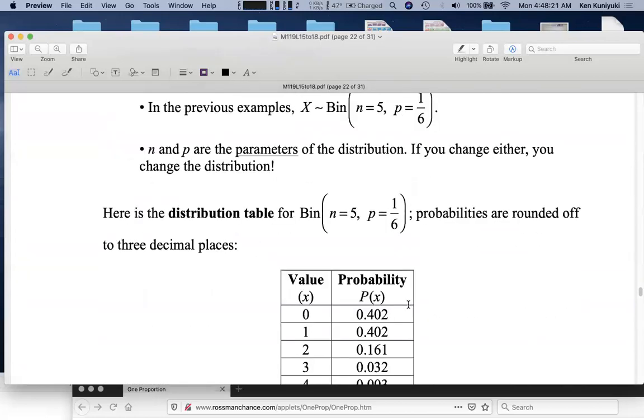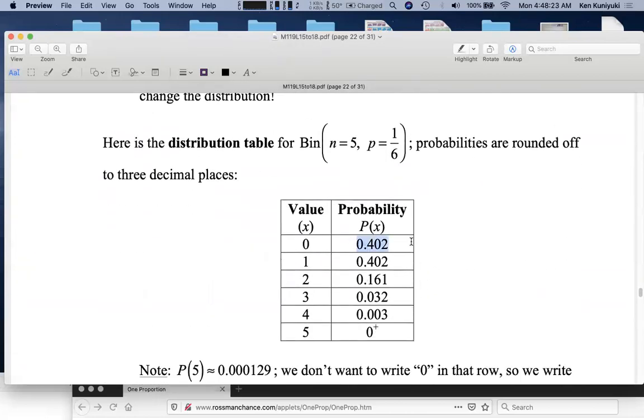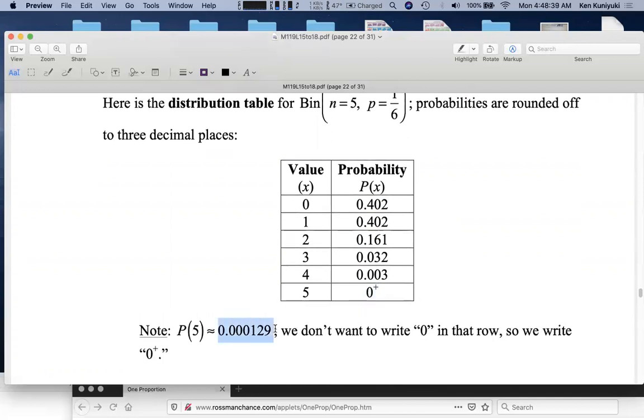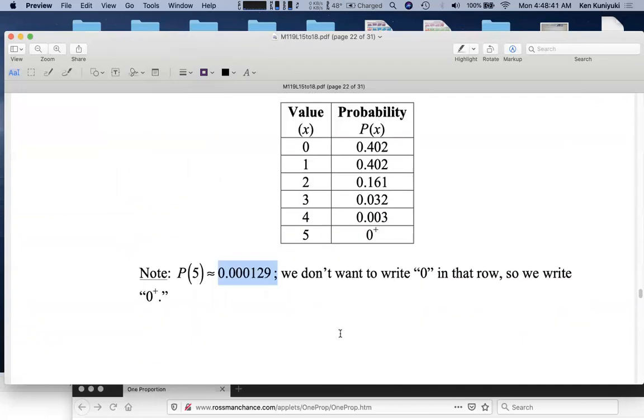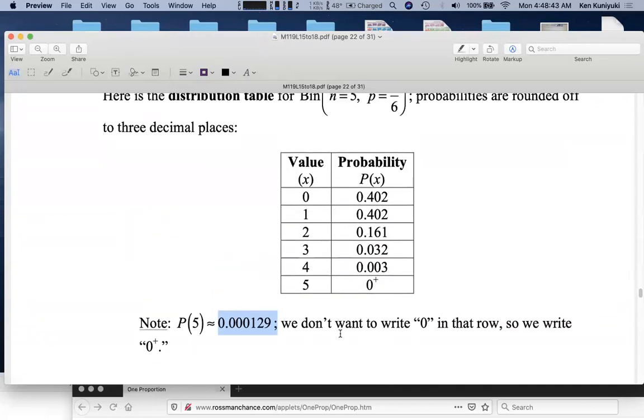So for this student, the probability the student gets no questions correct, all wrong, is about 40%. The probability the student gets exactly 1 question correct turns out to be the same, about 40%, and there's almost no chance that the student gets all 5 questions correct. It's this over here. Okay, so we'll continue with this in the next lesson.